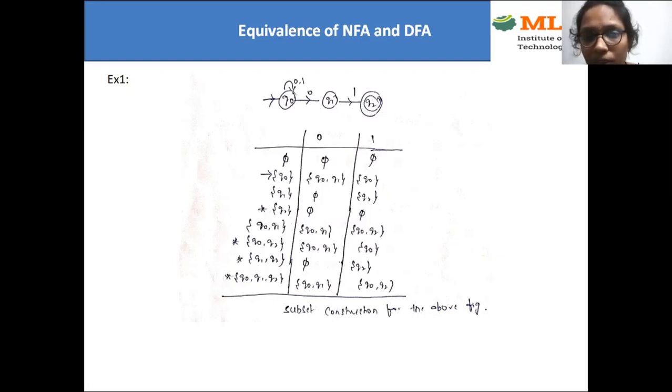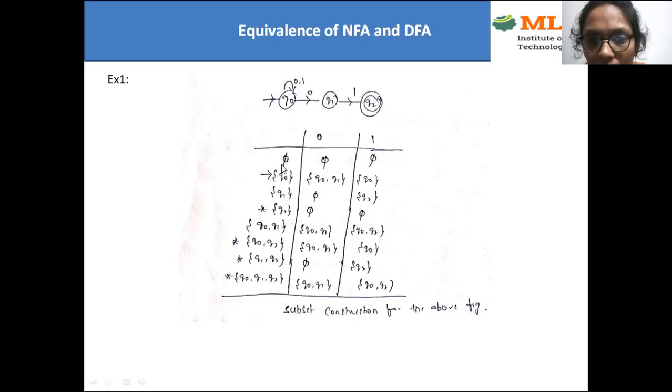So as per the diagram, you're drawing this and writing these things. But coming to subset construction, we need to write more states here. Now the combinations: what are the combinations we have? If you're confused about that, we have a simple process here. Whatever new terms you are getting, see, this is phi, right?